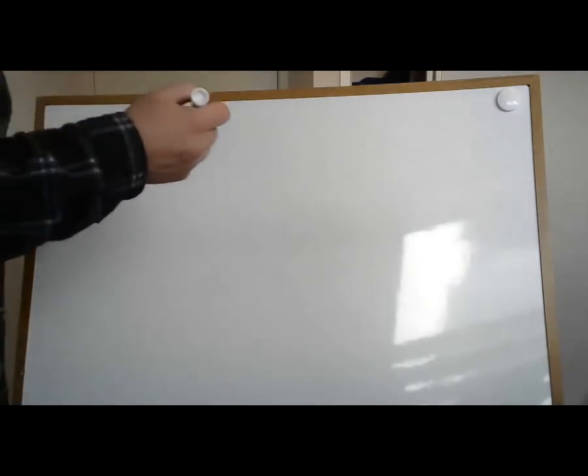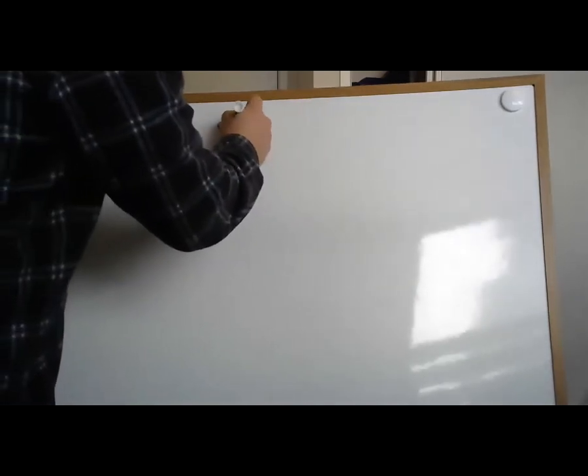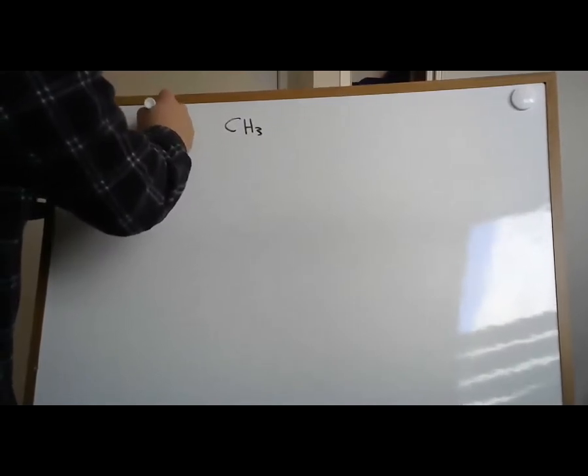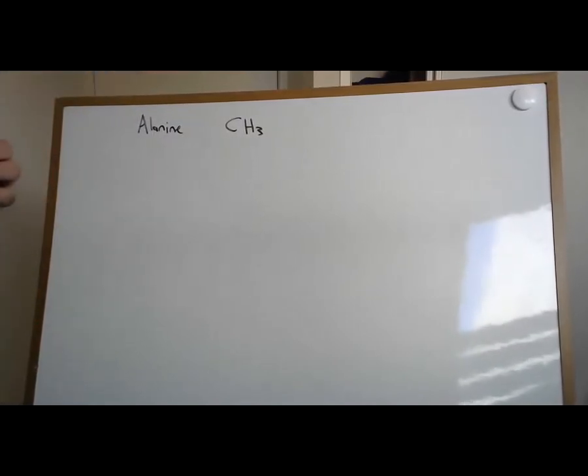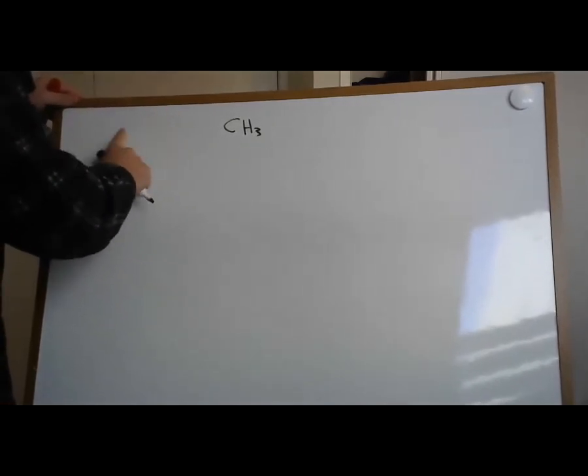So if you look at the examples, alanine has a CH3 functional group. And this becomes really evident when we look at proteins and what happens. I'm not going to try and draw those structures because I'll be here all day, but all of the different amino acids have a differing R group.